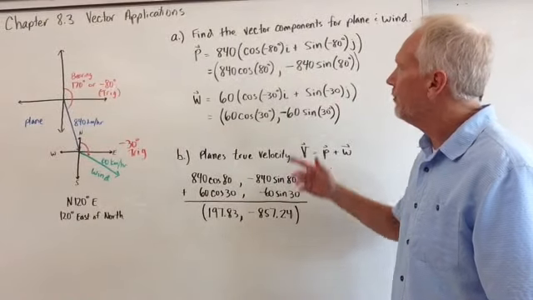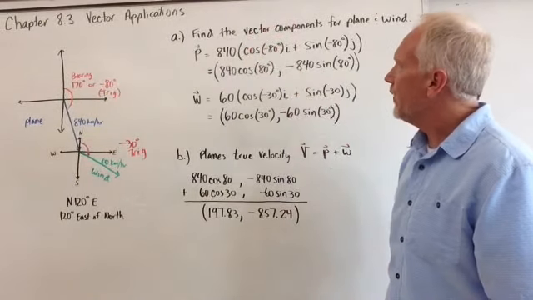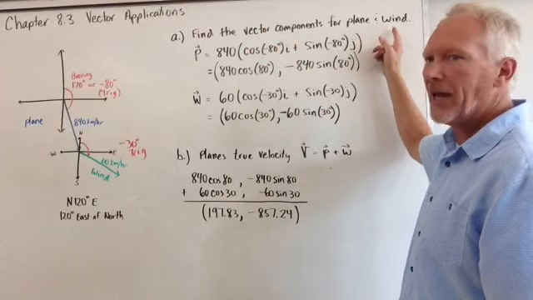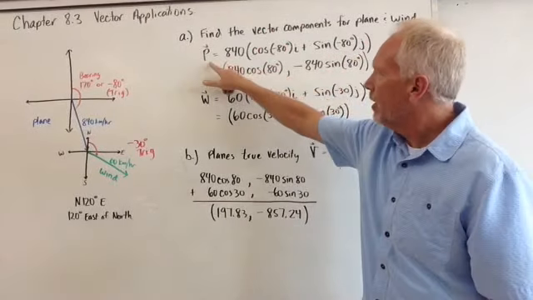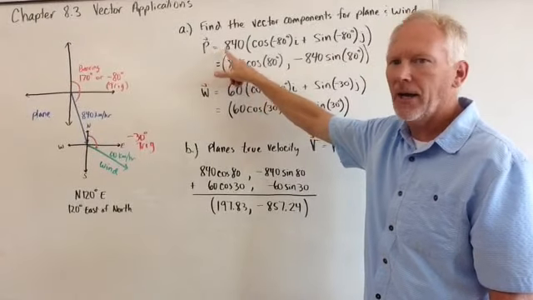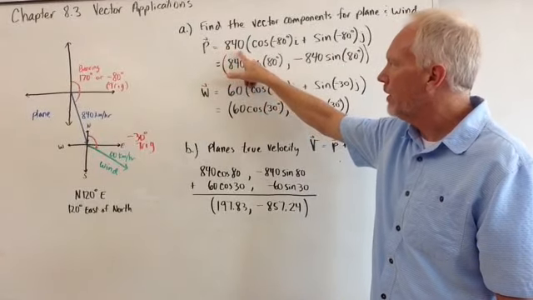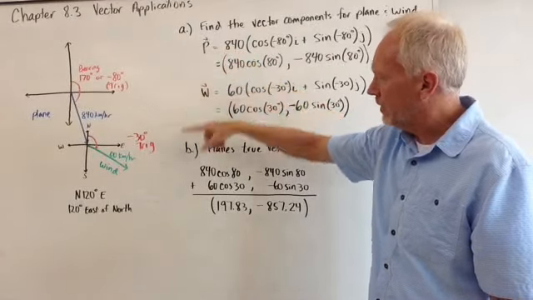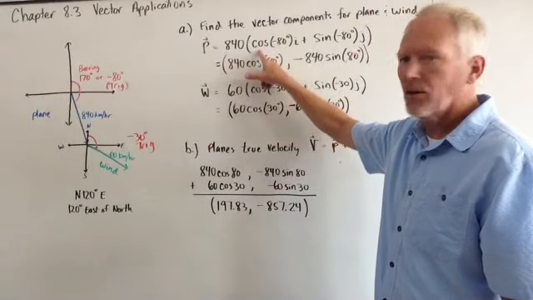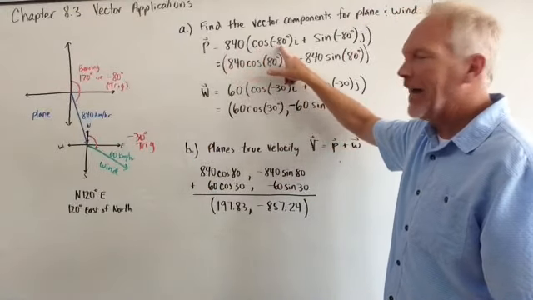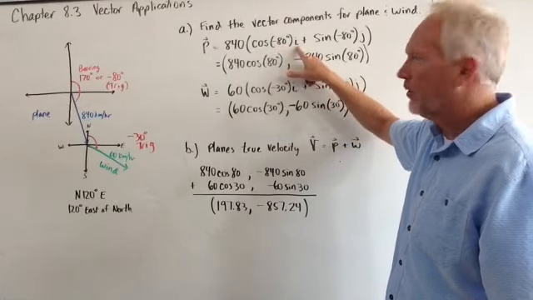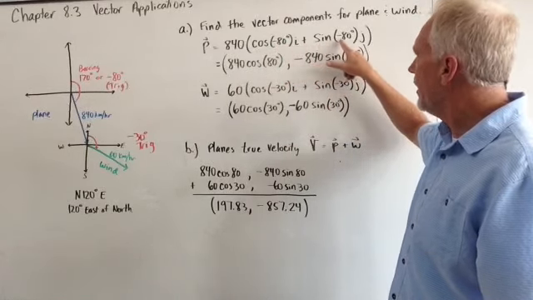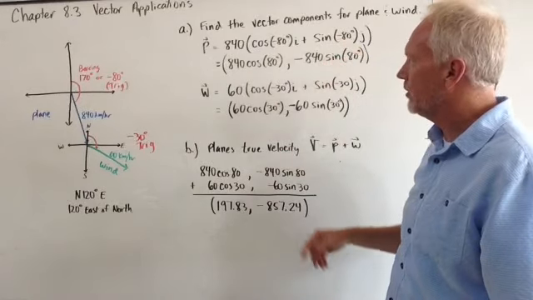Now, we have Part A, it says, find the vector components for the plane and the wind. All right, so let's do the plane first. The vector P for plane, 840 is what we had as a flight speed, cosine of negative 80 degrees in the I direction, or the X direction, plus sine of negative 80 degrees in the J direction.